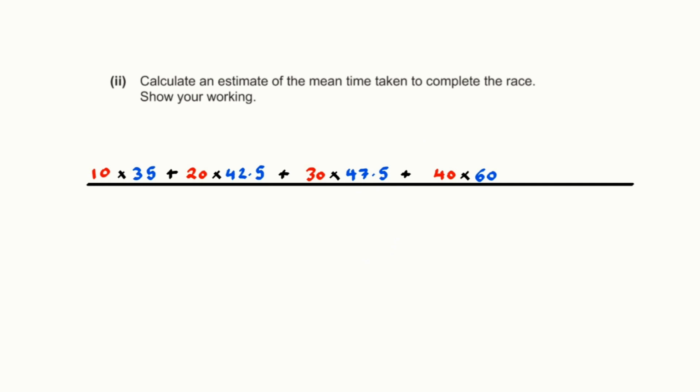So we need to divide by 10, 20, 30 and 40 all being added together. So therefore this is what the mean is equal to.